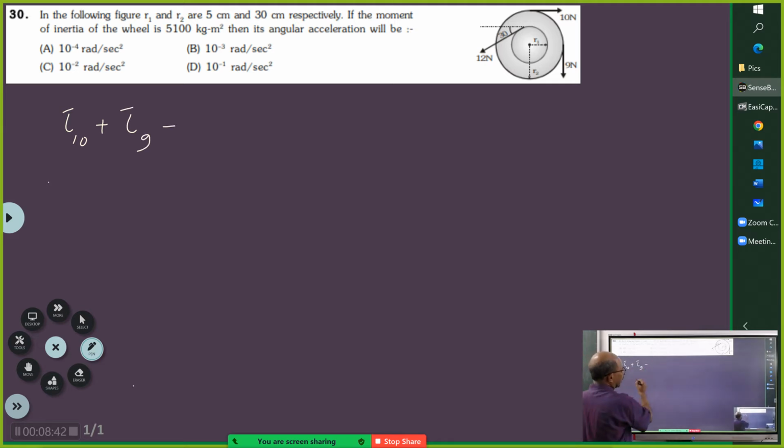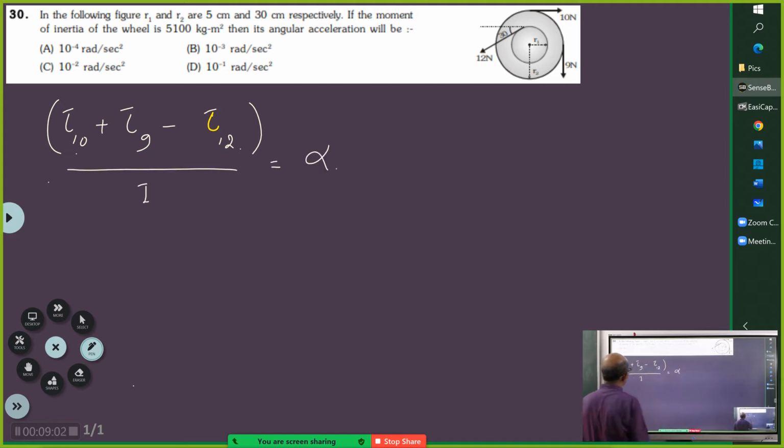They are both acting in one direction, and the other torque for 12 is acting in the opposite direction. So this will give you the net torque, and then they are asking about angular acceleration. So the moment of inertia is the same for all, and this gives you alpha.